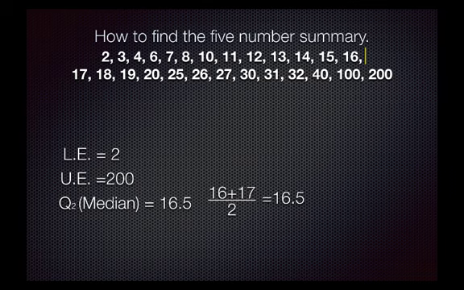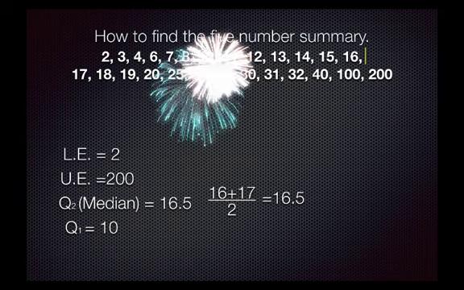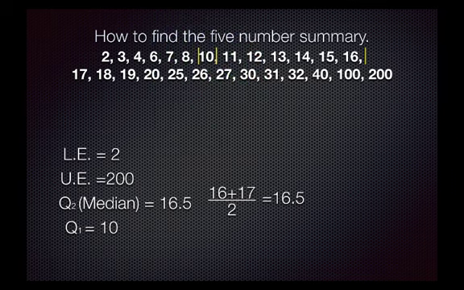After that we have to find the first quartile, Q1, which will be 10, and I will show you how we came up with that. I'm going to place a couple lines around 10. Q1 is the median of the lower half of the data, the lower half of the actual median.